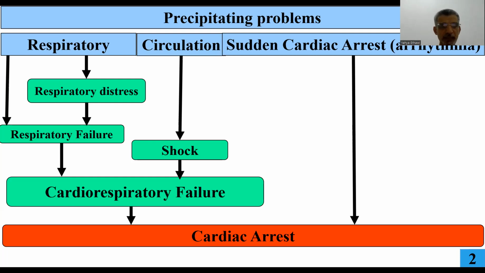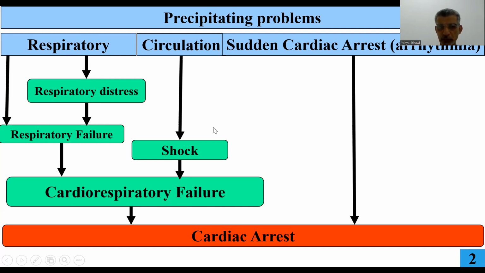But failure, in short, is when the lung fails to provide gas exchange enough to survive. So you either go from a respiratory problem to respiratory failure right away, or you go to distress, then failure, then you affect your heart and get cardiorespiratory failure, and then you end in cardiac arrest.